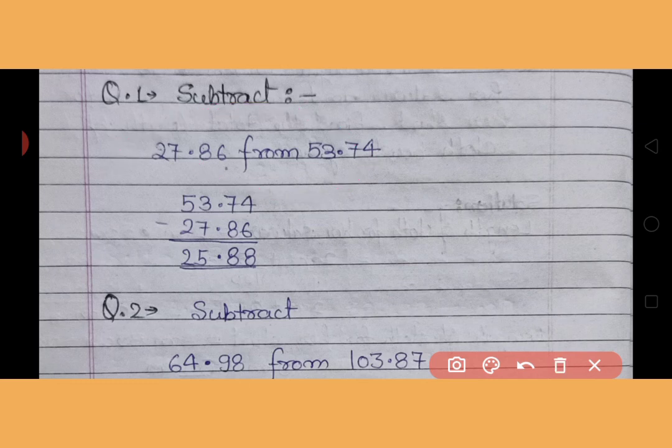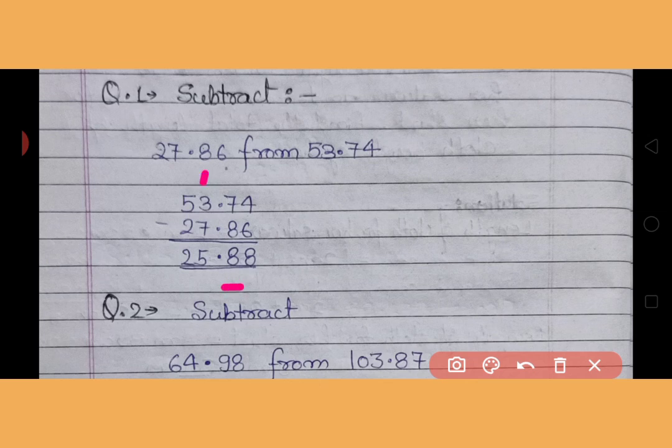So 53.74 minus 27.86. As you know, 4 can't subtract 6, so it will take 1 as a carry, so it became 14. 14 minus 6 is 8. Now here remains 6, so 6 takes another carry from 3, so it became 16, and 16 minus 8 is 8.